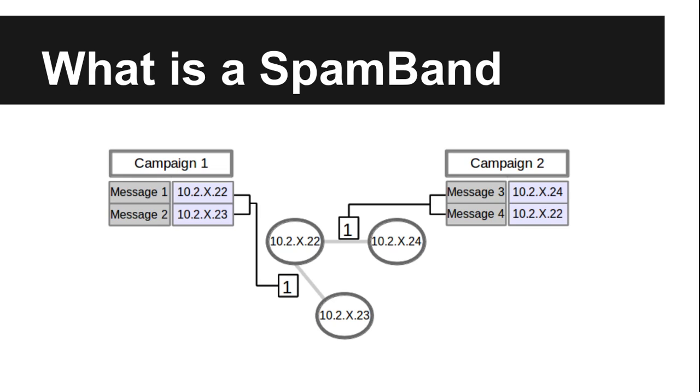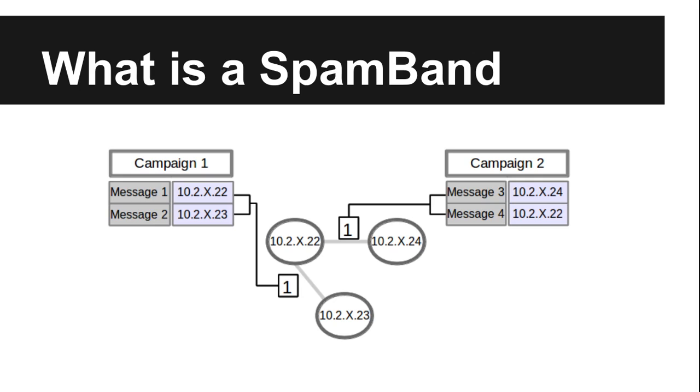But what is a spamband after all? Well, a spamband is a group of machines correlated by the messages they send. Probably these machines belong to the same spammer. In the picture in the slide, you can see the process to create the graph of a collaboration.